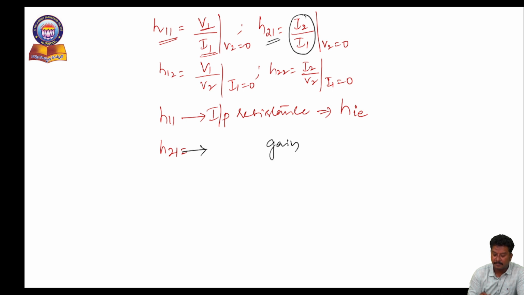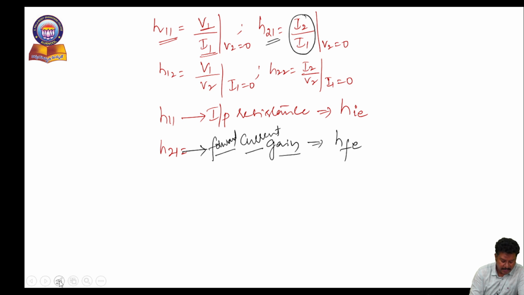Output current by input current is nothing but gain, and I am observing that it is a current gain, and that too forward current gain. Output by input is forward, input by output is reverse. So I am observing the forward current gain, so I can consider it as Hf, and as I am observing these parameters on the common emitter configuration, it is defined as Hfe.